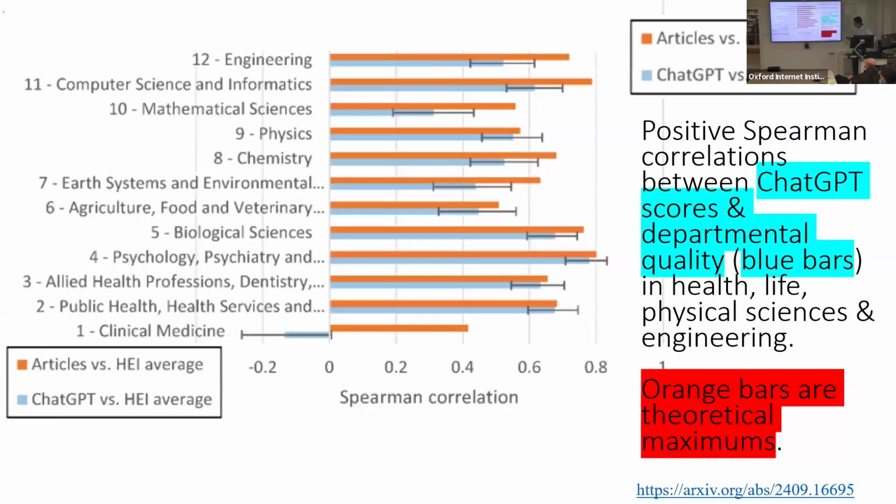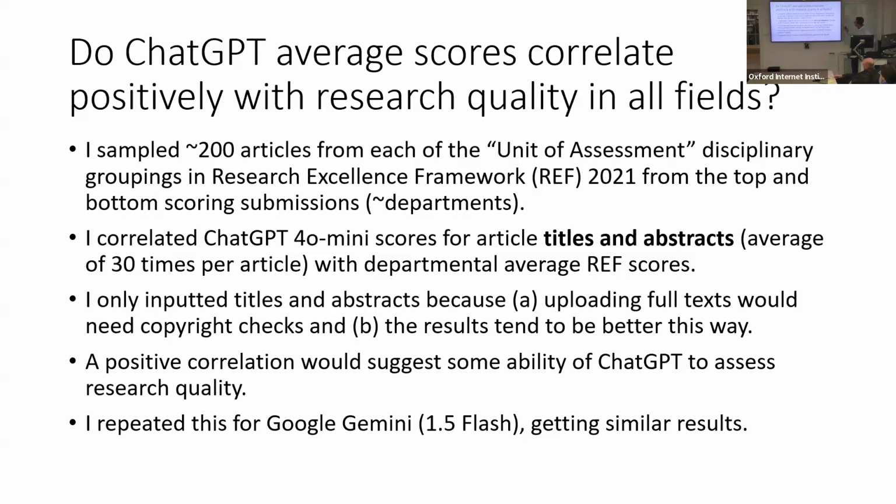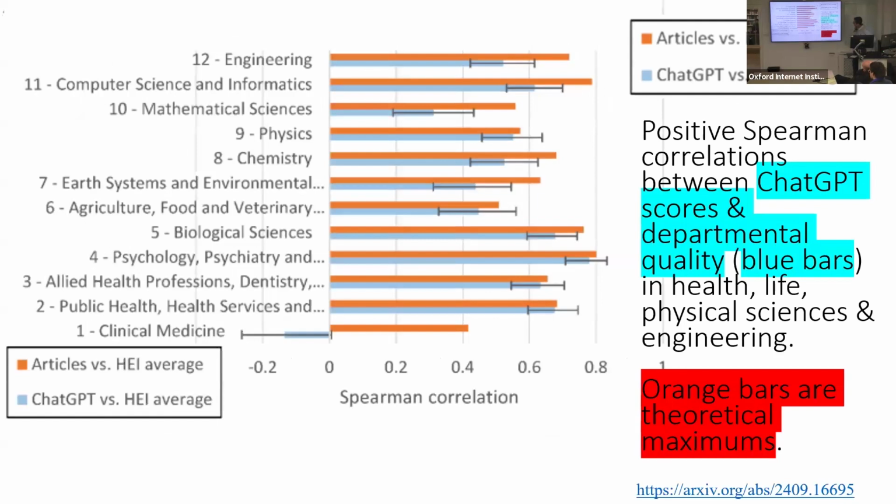So I took the UK REF, which splits all research into 34 fields called units of assessment. And I took 200 articles from each of these units of assessment and fed them into ChatGPT to see if it would get a result that correlated with the human scores or not. And the answer was, in every field except clinical medicine, it did.